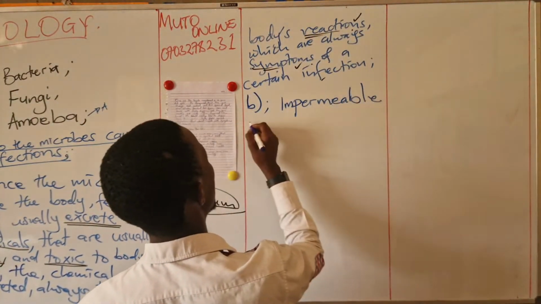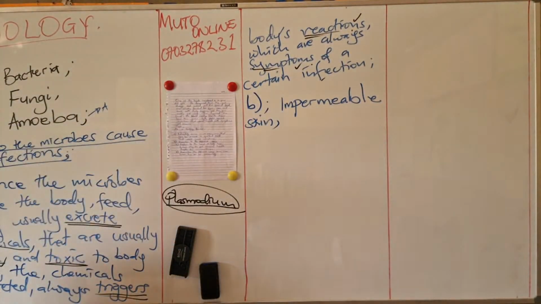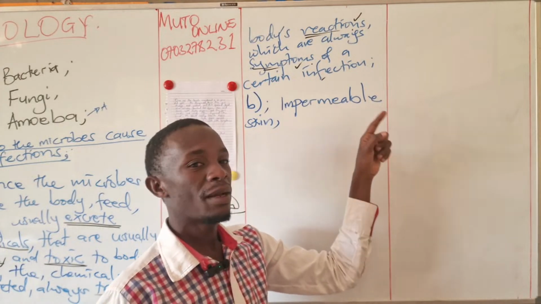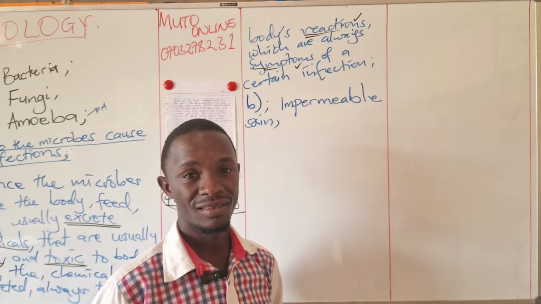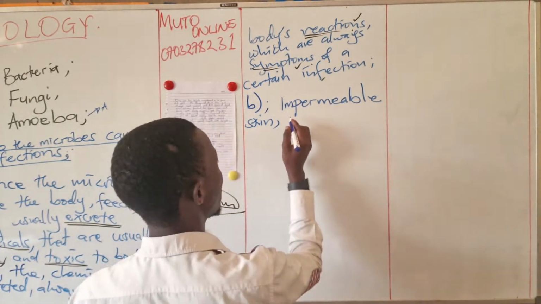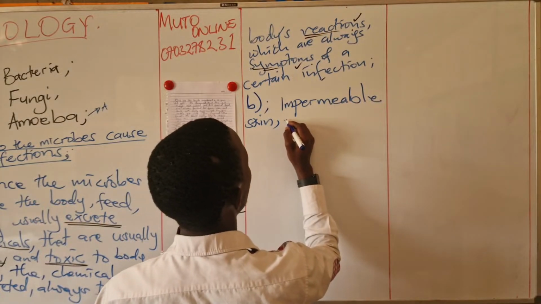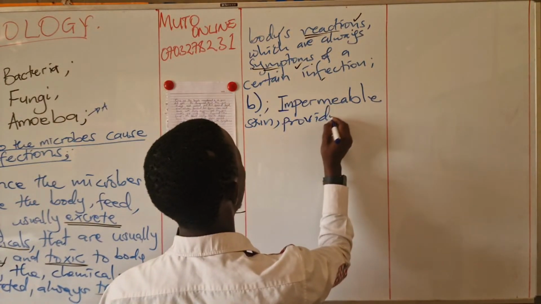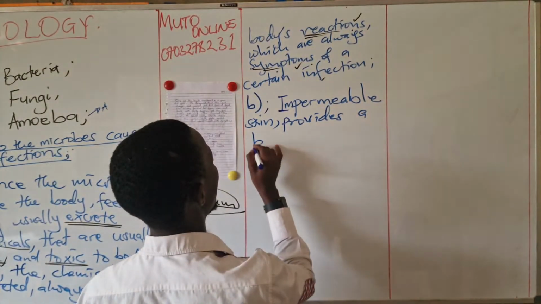So the body has an impermeable skin. We know the role played by the skin. The skin being impermeable, the word impermeable means not allowing anything to pass through it. So the skin being impermeable acts as or provides a barrier.